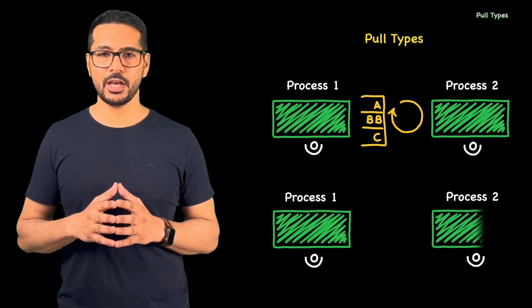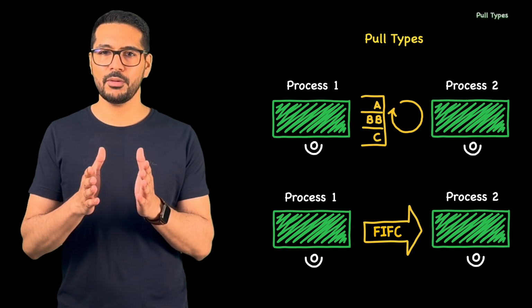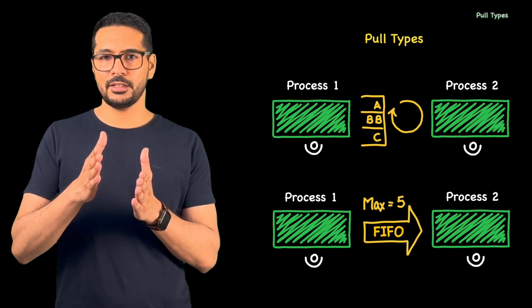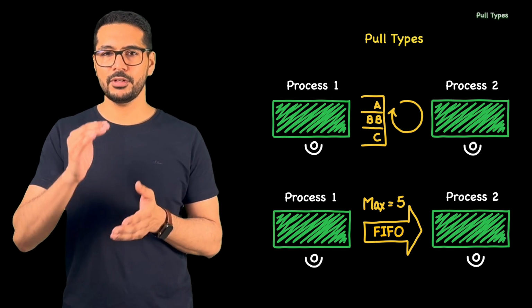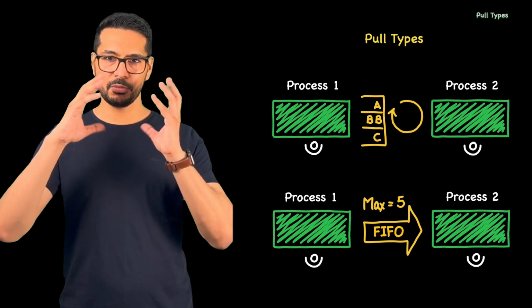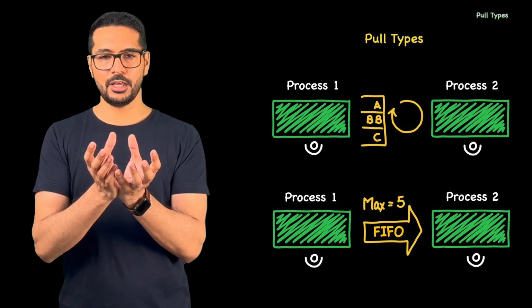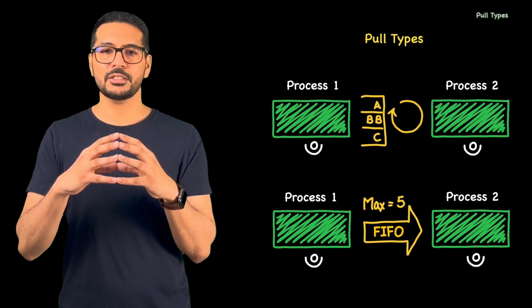So similarly we have here process 1, process 2, and in the middle we have a buffer. But unlike the type 1 pull system, here we don't have different types of project or task. Here we have one big pool, and we say first in, first out, and there is a maximum limit defined.